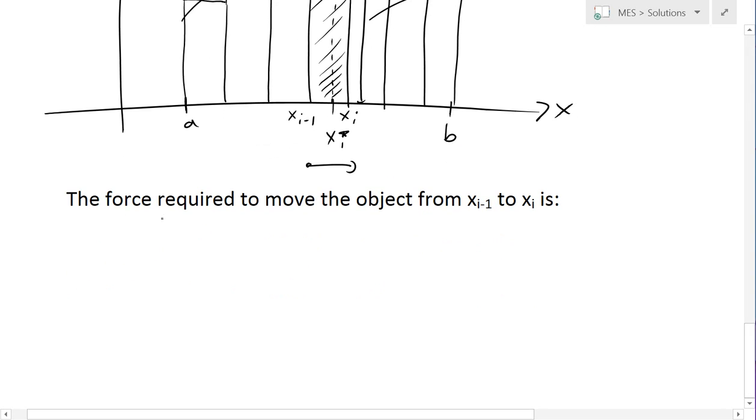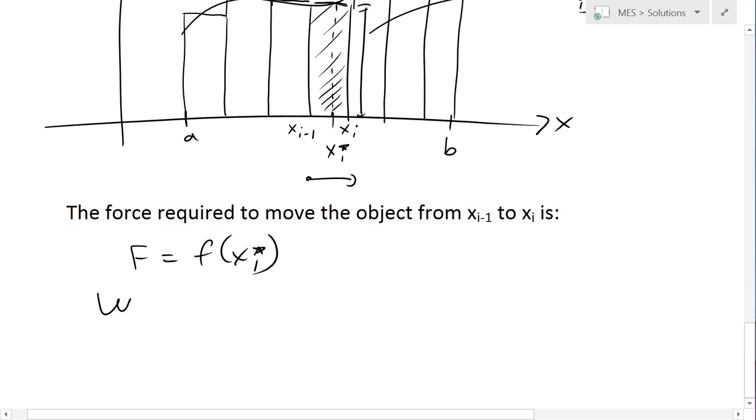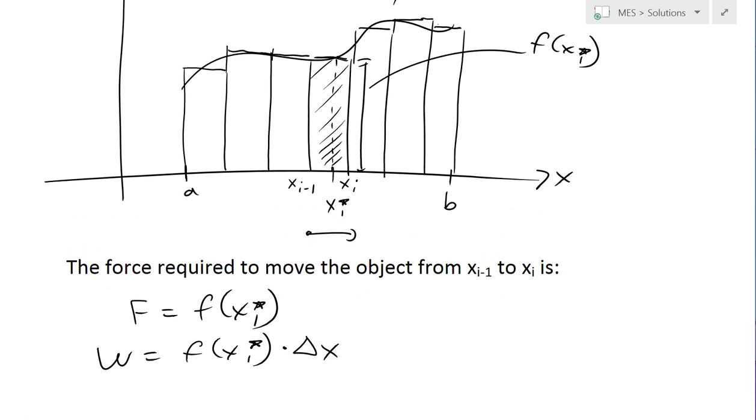So the work required is going to be f of xi star times this delta x. In between here is a delta x.